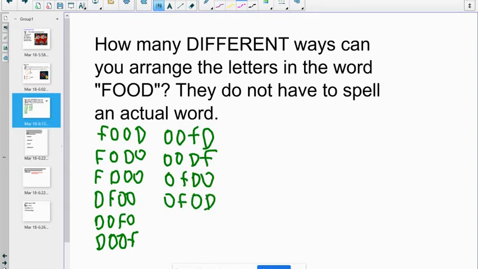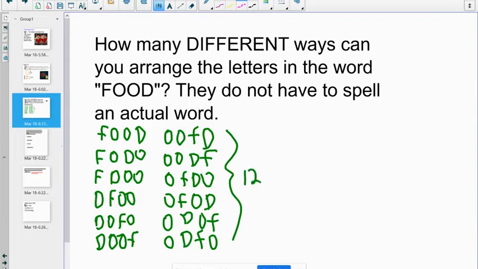Again, the way I'm writing these is in no particular order. I'm just going through and writing down all the options we can come up with here to help us find an easier way of doing it. We have O-D-O-F. I think there's only one more. I think it's O-D-F-O. Oh yeah, I don't see that we've done that one yet. So if we count them all up, it looks like there are 12 different ways we can arrange those letters.